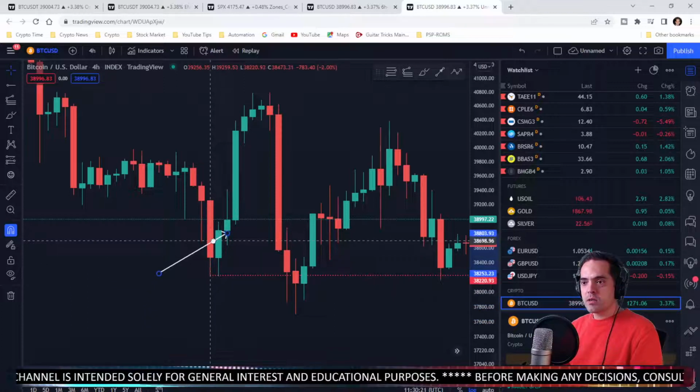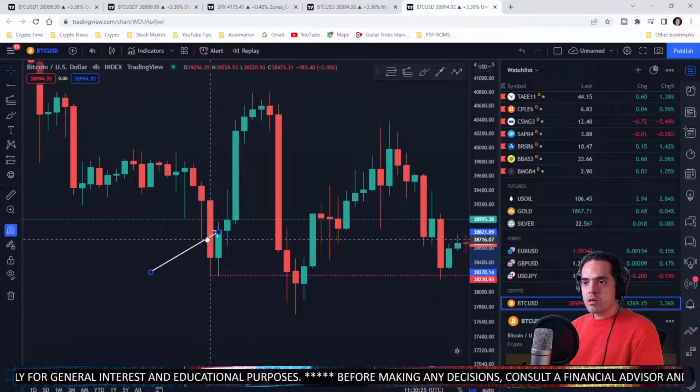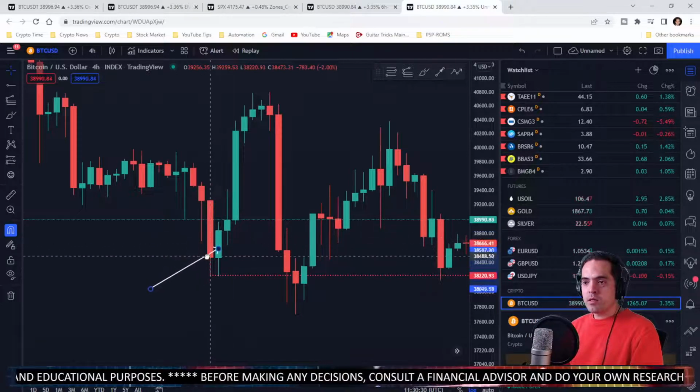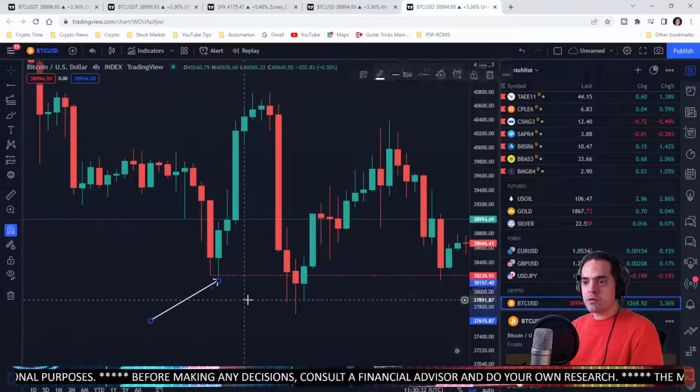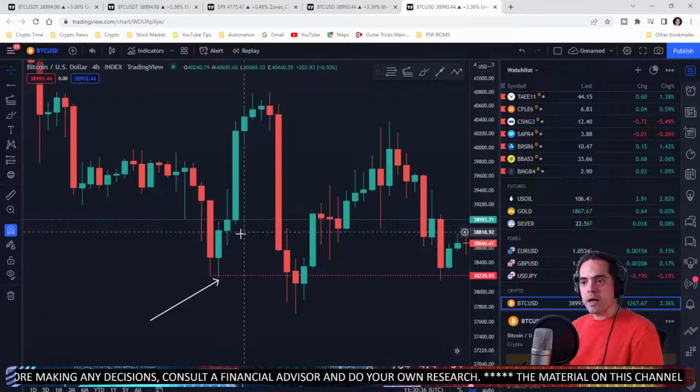So the next candle is just opening and closing above this candle right here. So that's our trigger, that's our signal. In this case, our signal to buy.